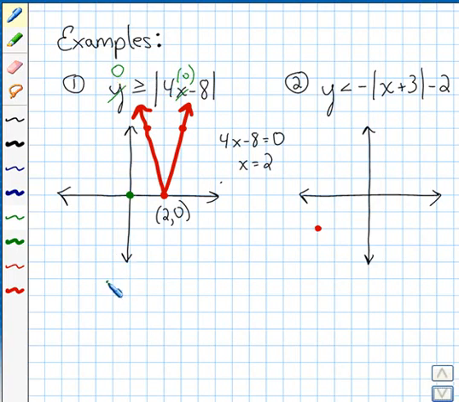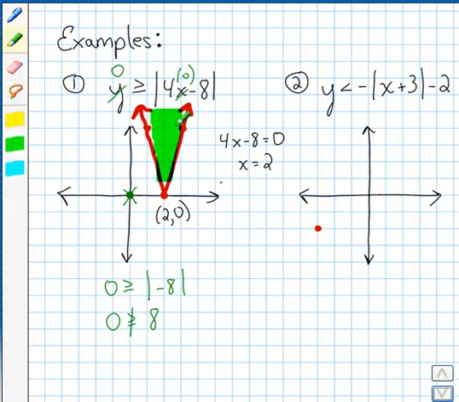So we have 0 greater than or equal to the absolute value of 0 minus 8, or negative 8, and the absolute value of negative 8 is positive 8, and this is a false statement. 0 is not greater than or equal to 8, so this point doesn't work. So we want to shade not on the outside, but instead on the inside of that particular V shape. And if we'd chosen a point inside, that point would have fit the original inequality.